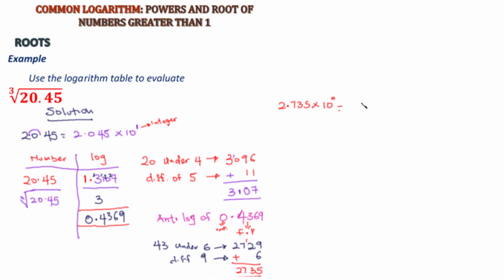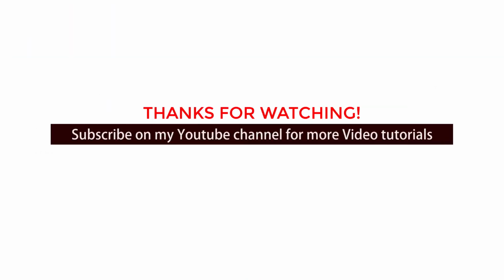That will be 2.735 times 10 raised to power 0, and 10 raised to power 0 is what? Is 1. 2.735 times 1. Then the final answer will be 2.735. That is on that. Now coming here, the cube root of 20.45 is 2.735. Most of the times in WAEC, in any entrance, they will just ask you to use the logarithm table to find all this.